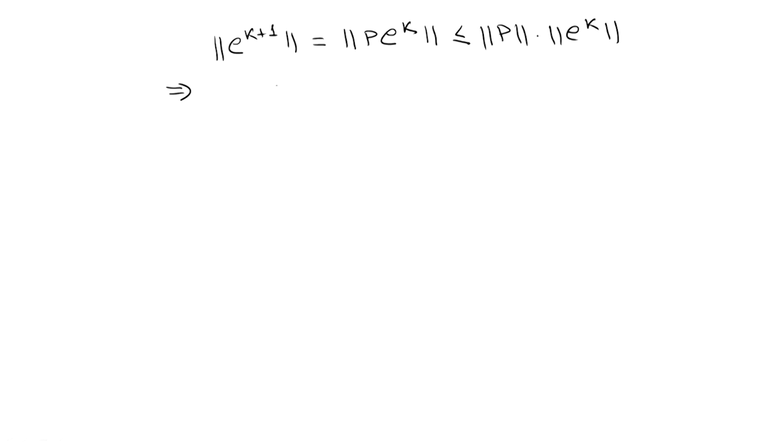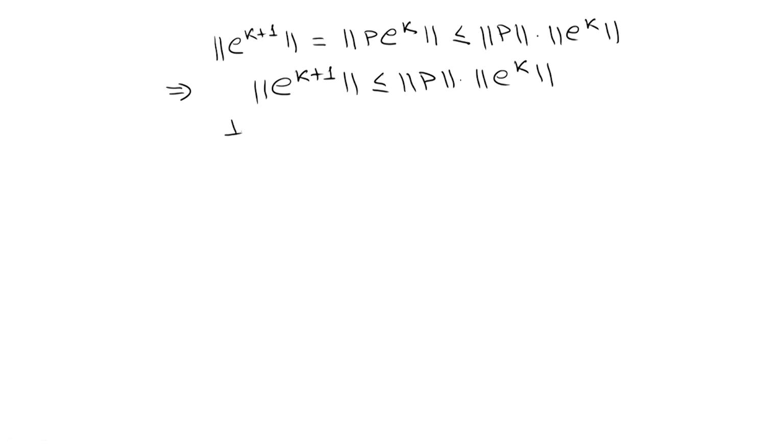So, what we are having? Norm of e_(k+1) is less than or equal to norm of p into norm of the error vector in the kth iteration.